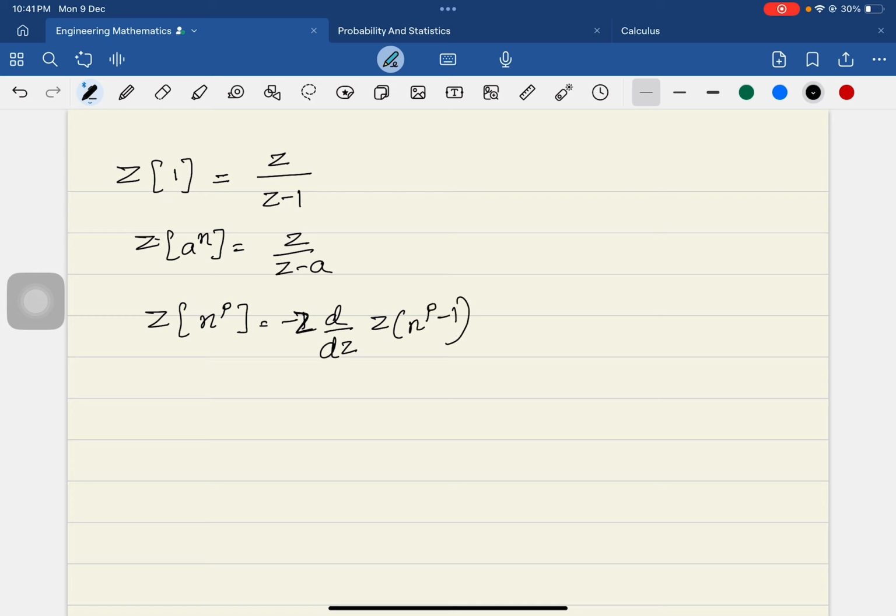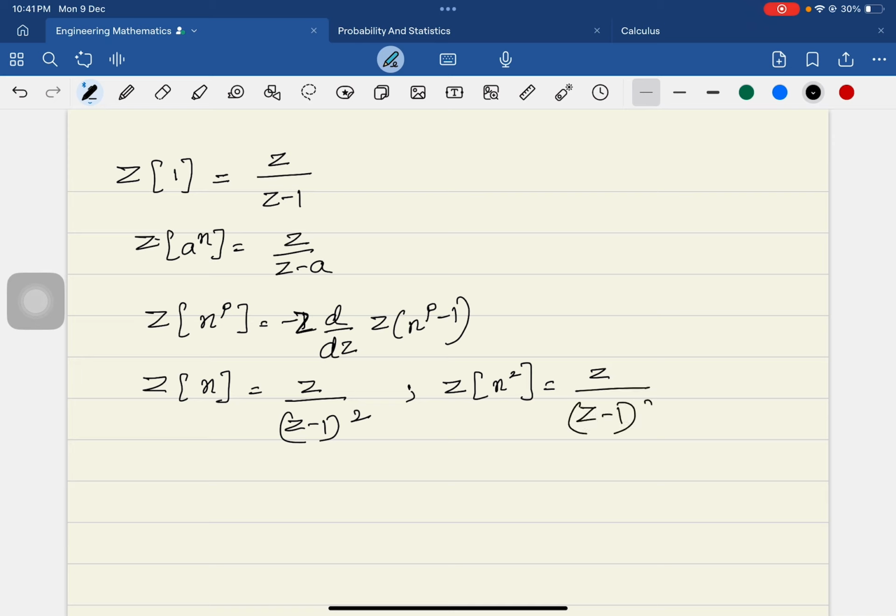Now, what is Z of n? Remember Z of 1 is z by z minus 1. Z of n will be z by z minus 1 the whole square. And Z of n square, just up to this you remember, will be z over z minus 1 the whole cube, whereas here in the numerator it is z plus z square.